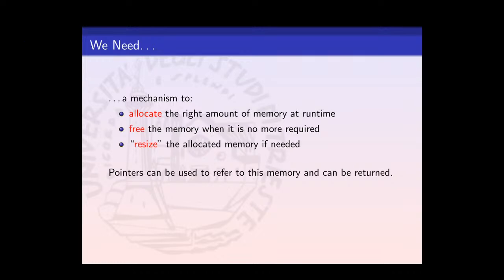So how can we do it? Well, first of all, we have to notice that a pointer can be used as a kind of reference to this memory which we reserve for our goals and which will be freed. And this can be done by using what is called dynamic memory handling. So dynamic memory handling is a mechanism to reserve a given amount of space at execution time.